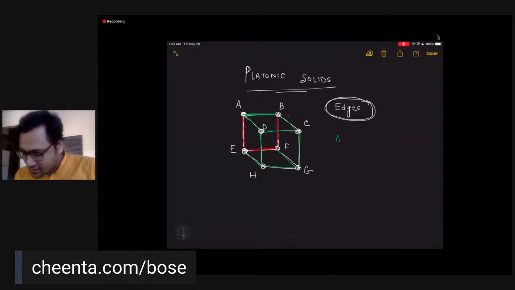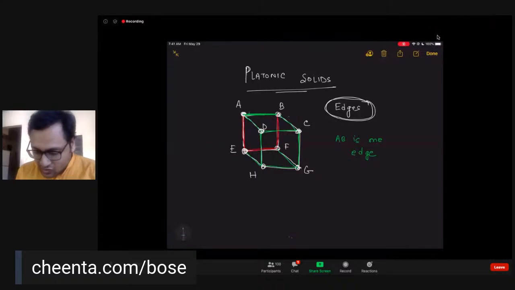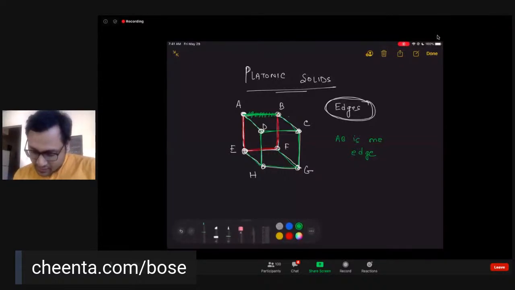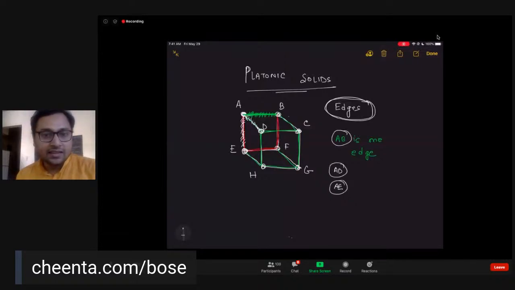So AB is one edge. Similarly, AD is another edge. AE is another edge. So AB is one edge, AD is one edge, AE is another edge.